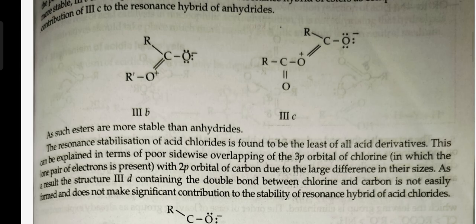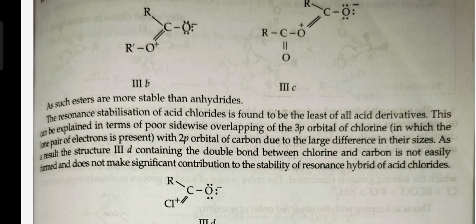The resonance stabilization of acid chloride is found to be the least of all acid derivatives. This can be explained in terms of poor sidewise overlapping of the 3p orbital of chlorine, in which the lone pair of electrons is present, with the 2p orbital of carbon due to the large difference in their size.